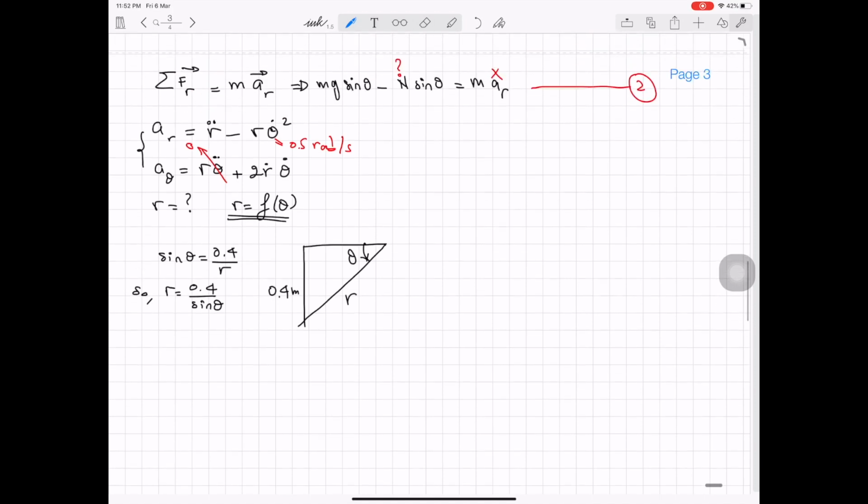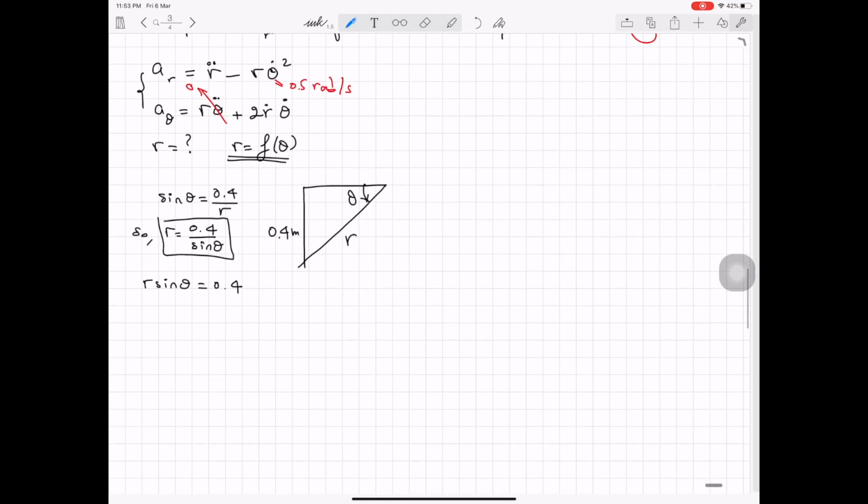Now I don't recommend differentiating R starting from this equation. It's always easier to differentiate the following. We have R sine theta is equal to 0.4, right?